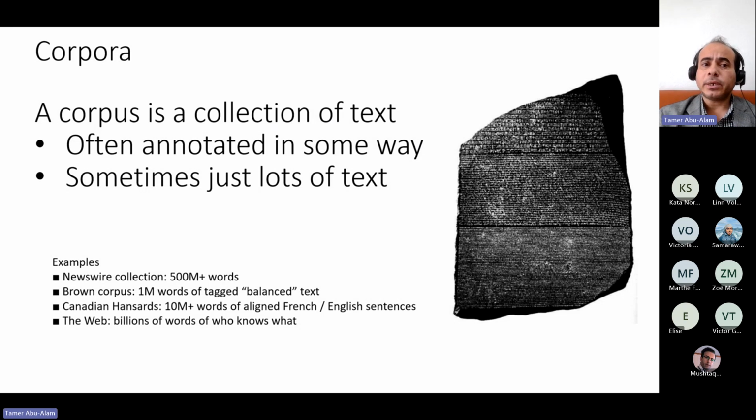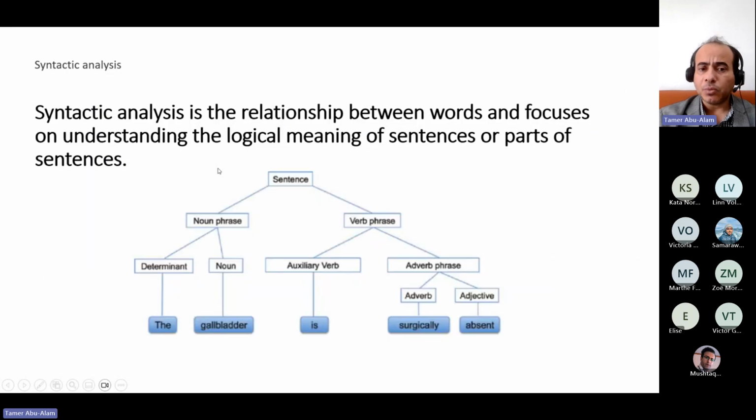And this is actually text that is already annotated. Like, for example, how do we know from this that this is a verb? How do we know that absent is an adjective, for example?